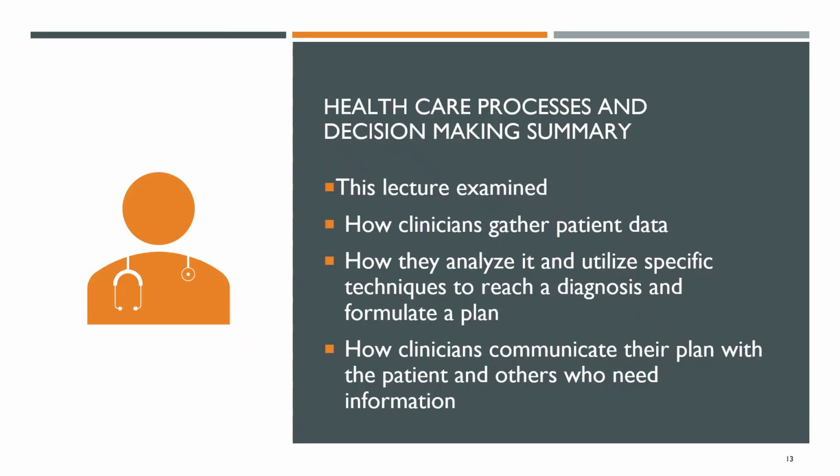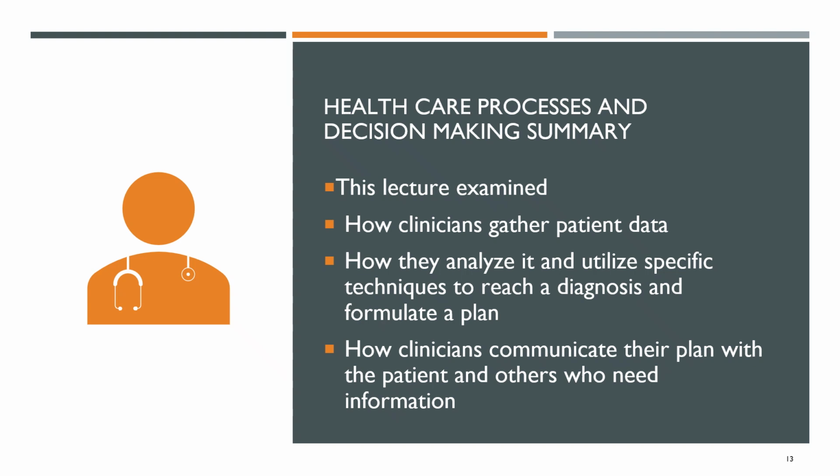All right, so let's go ahead and summarize what we discussed so far in this series. In this lecture of this series, we've taken a step back to look at the big picture of healthcare processes and decision making. Remember, we first examined how clinicians gather patient data, from symptoms and histories to lab values and imaging results.